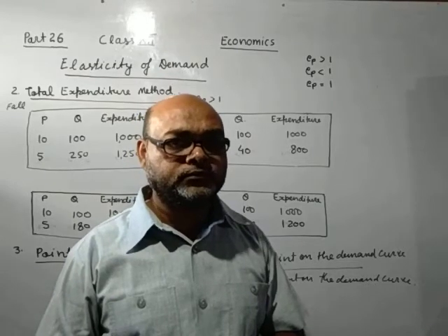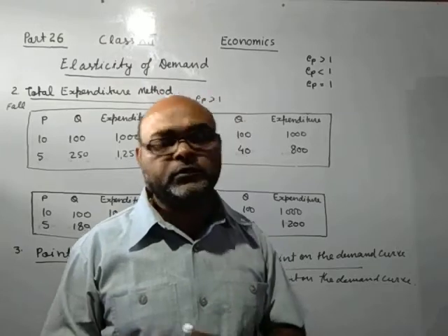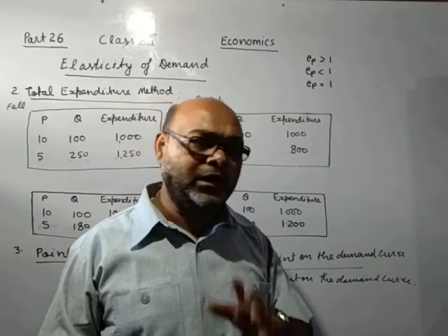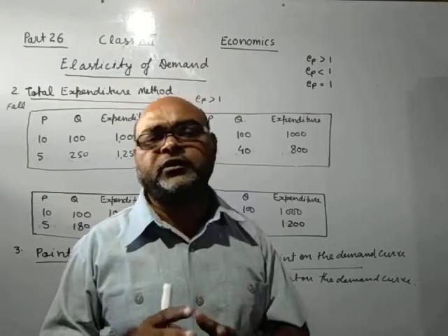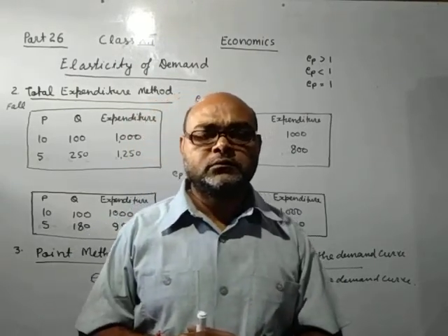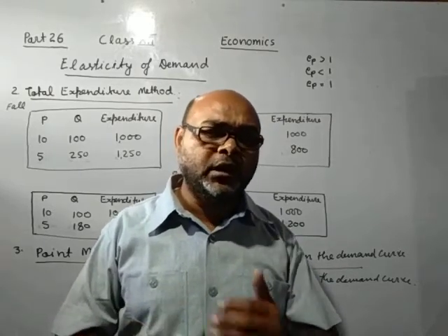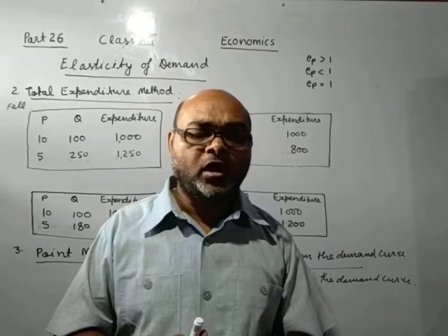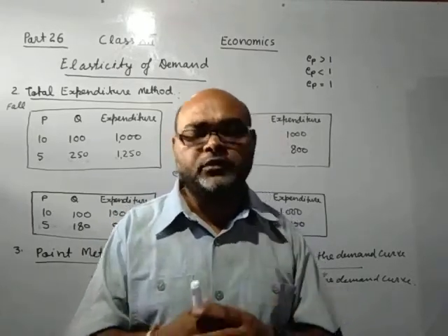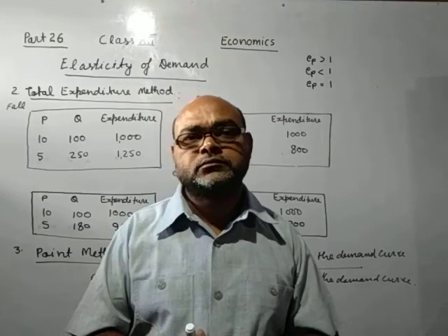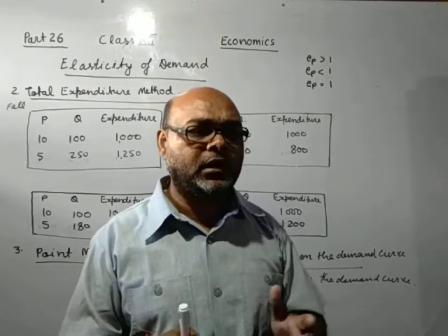If we take the decision only on price and quantity, this is not a fair decision. The decision should be in money: how much total revenue has increased or decreased. That is the reason the total expenditure method has come.